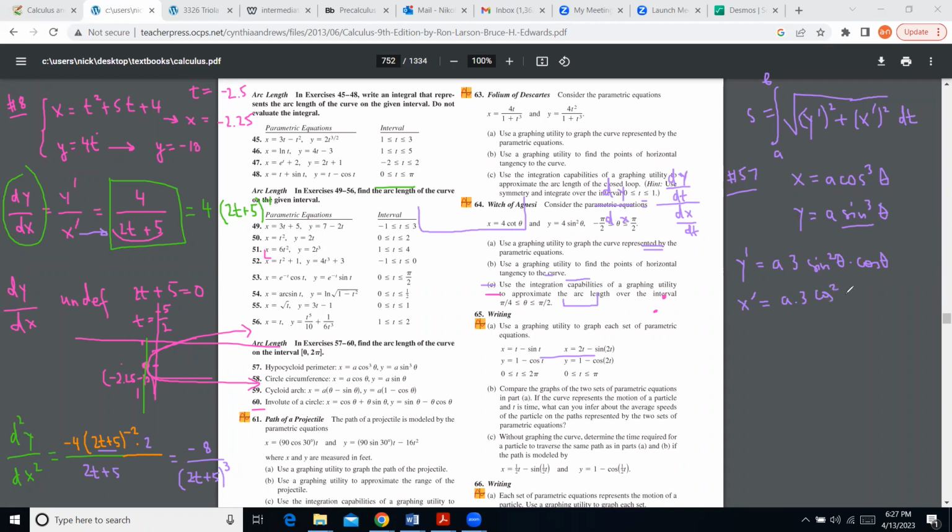Right? Now I'm differentiating the x coordinate. And then multiplied by the derivative of cosine, which is a negative sine. Well, next step will be to get these two pieces added together. So what is y prime squared plus x prime squared?